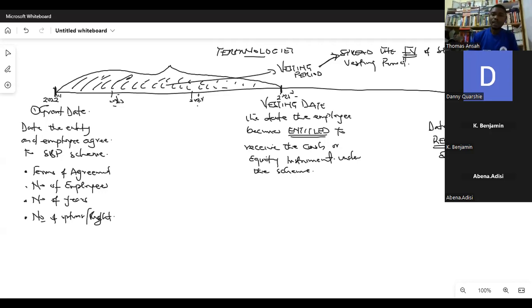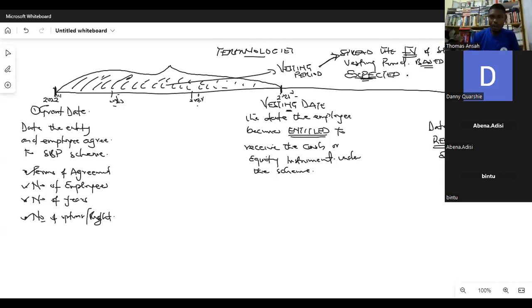Over the vesting period, based on, and this is very important, please take note of what I'm saying now, the number of employees expected. Keyword: expected. You do the terms of agreement, number of employees, number of years, number of options. You can only know the people who are exercising the option by doing expectation, who are expected to be there to the vesting date.